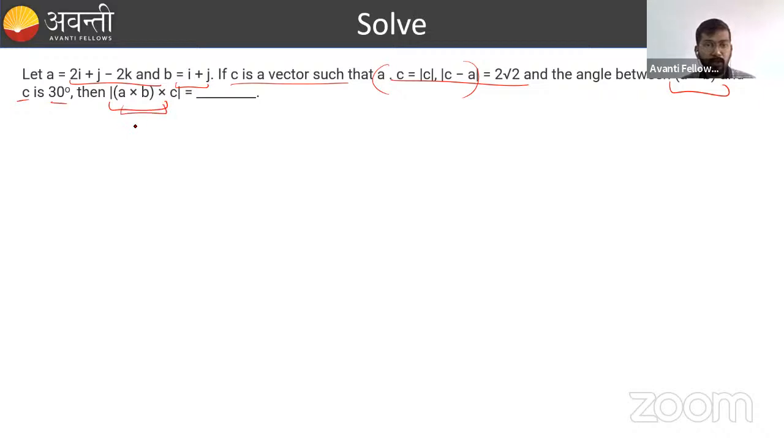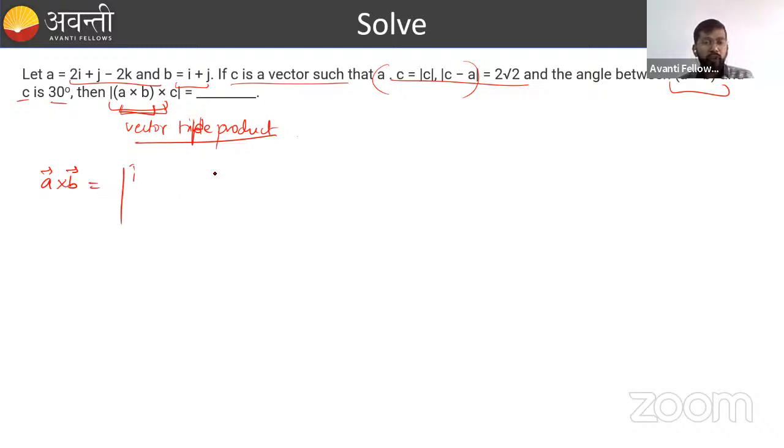So what is this? This is the vector triple product that we are supposed to find over here. So to find this, first of all find a bar cross b bar. What is a bar cross b bar?